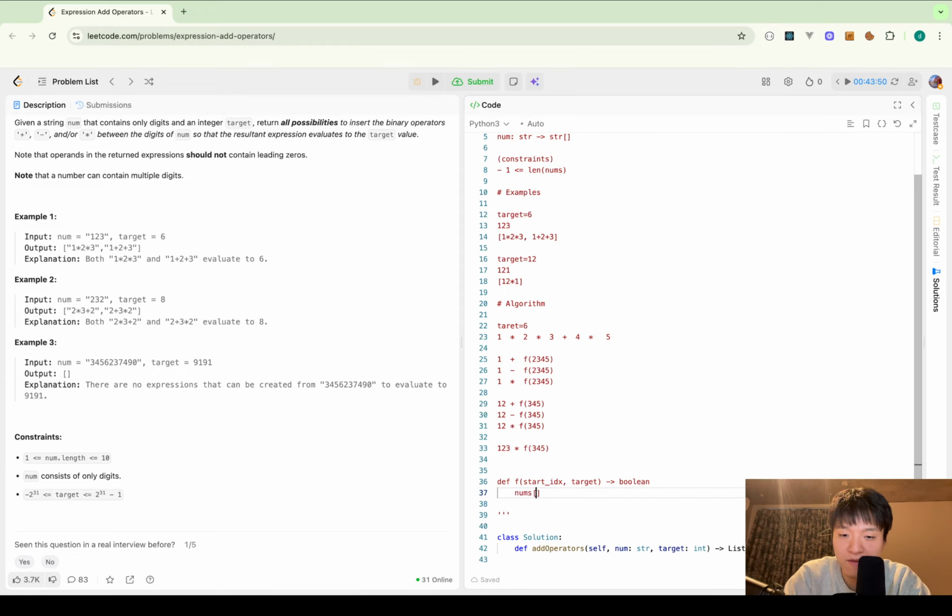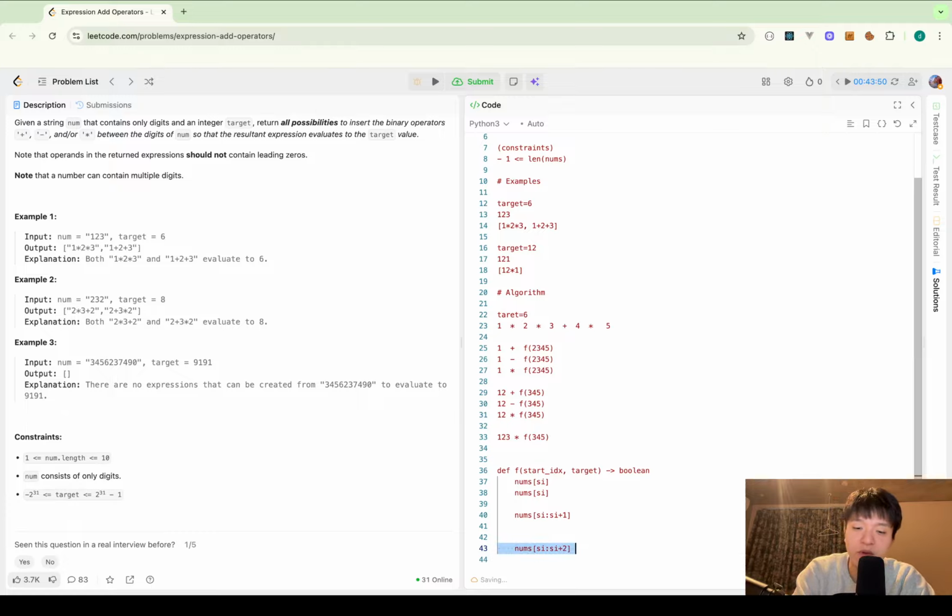Let's say num[si] is chosen in this case, or si to si plus 1 is chosen, or maybe si until si plus 3, these three characters, are chosen. In Python, I should write it in this way, because the upper bound is exclusive. If I take it in this way, I should check something like this.